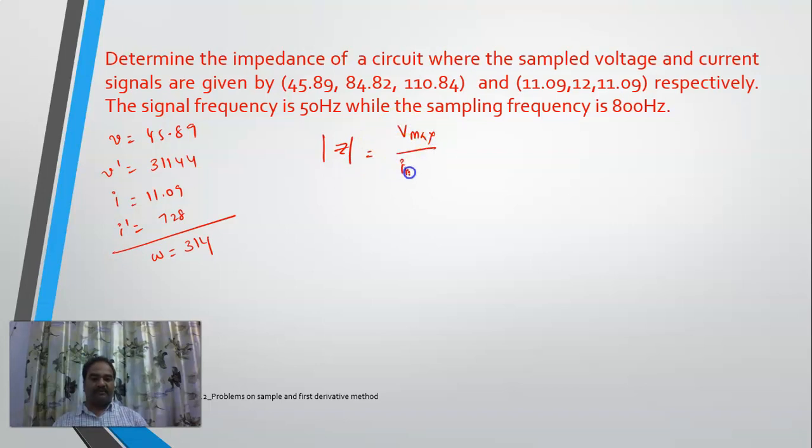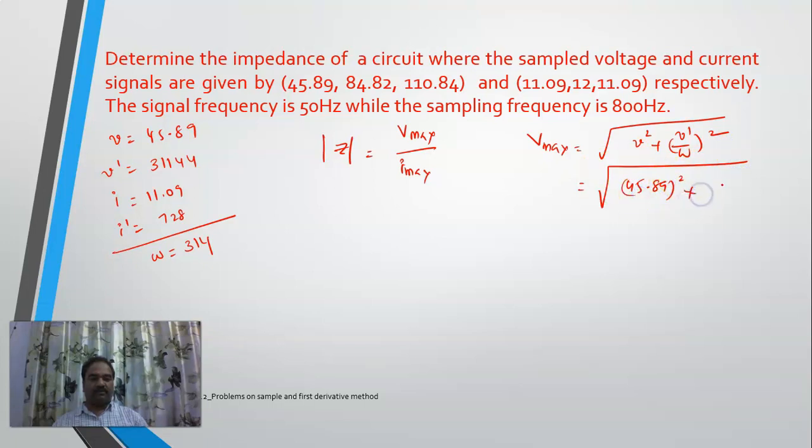So if I want magnitude of Z, right, I should go with V max by I max, right? So what is V max? Square root of v square plus v dash by omega whole square. So it is equal to square root of 45.89 whole square plus 31144 by 314 whole square.